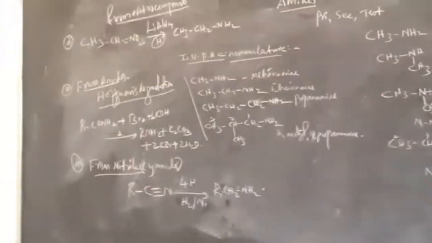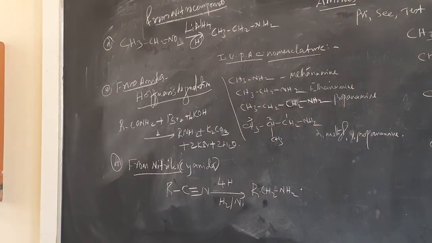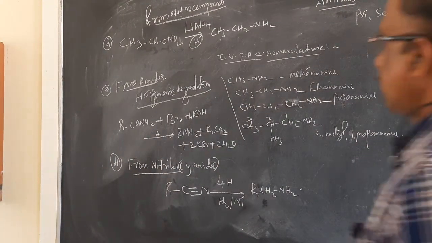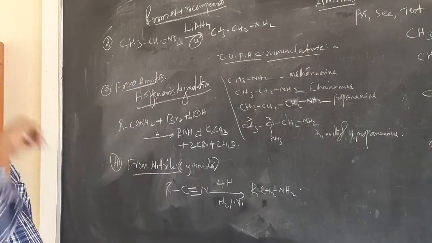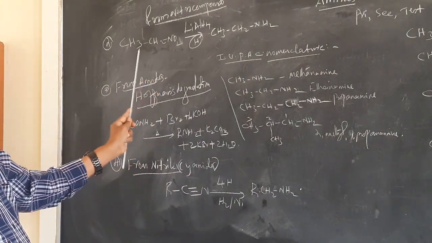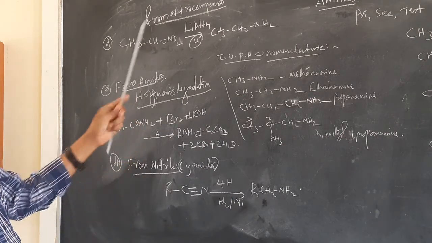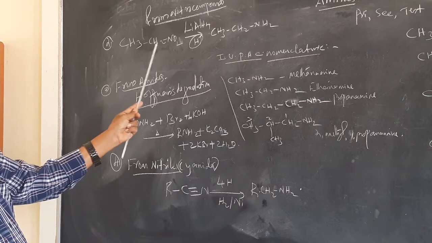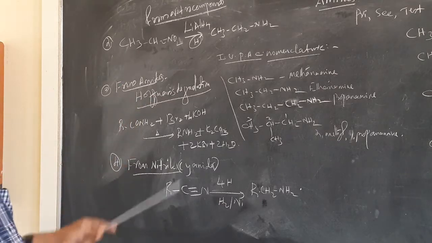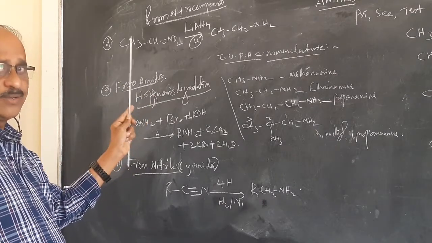Students, go to the left side of the blackboard. So that is number 2, from nitro compounds. You have to take a nitro compound. You can take any nitro compound. I had taken CH3CH2NO2, that is nitroethane.